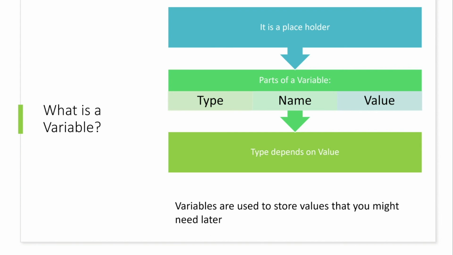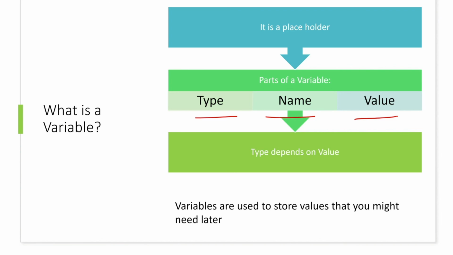A variable has 3 different parts: the type, the name, and the value. The type denotes the type of information or value you want to store.